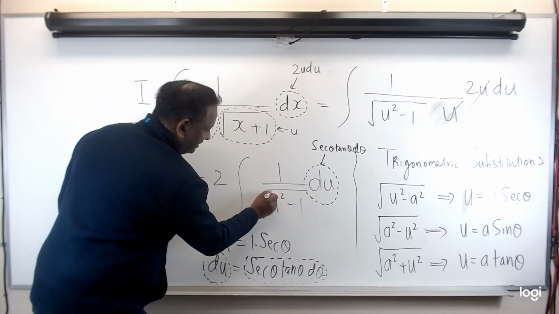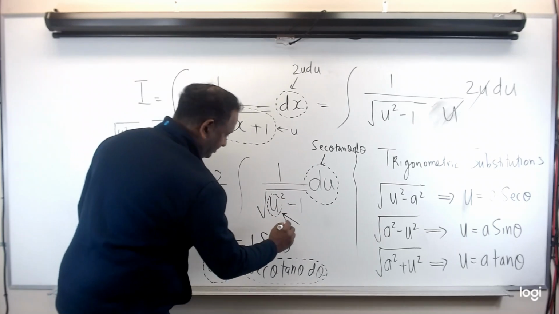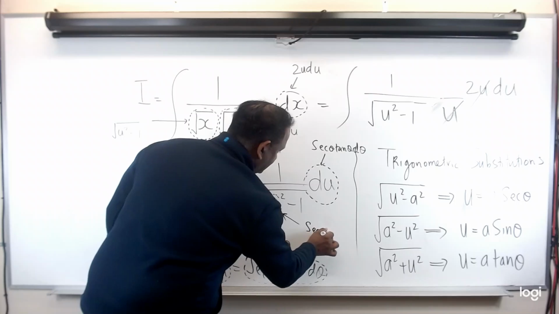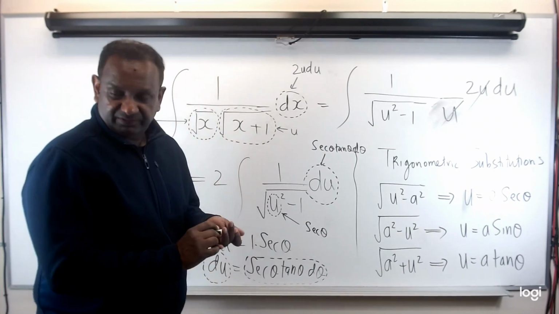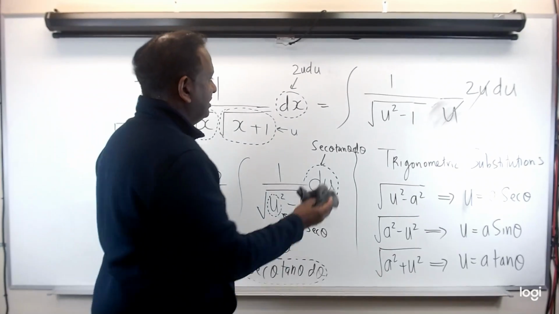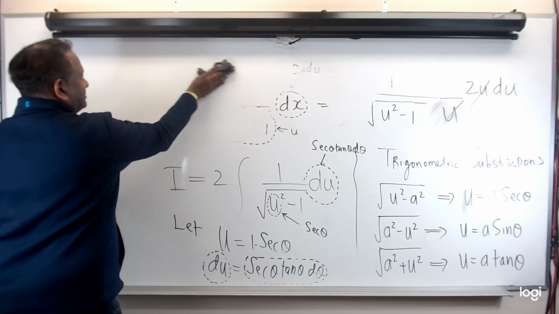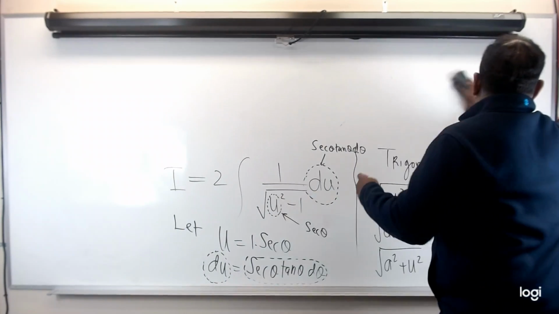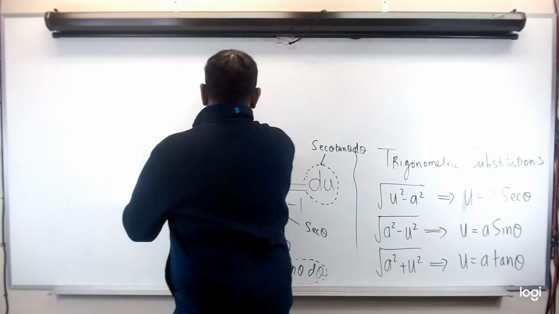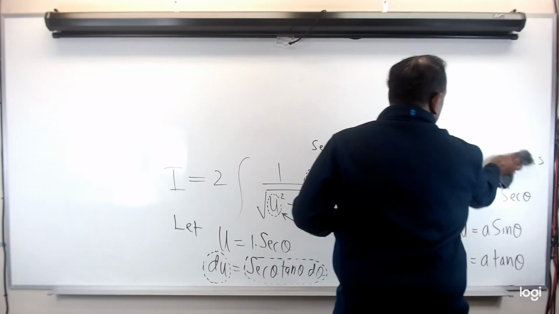This u can be replaced by nothing but secant theta. See, that's replaced. It's a second substitution. Okay? Let's replace. Erase this one too.